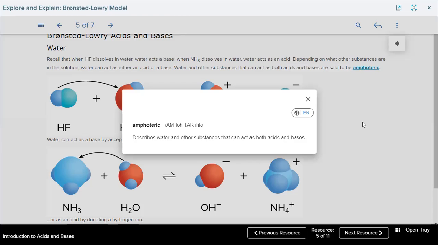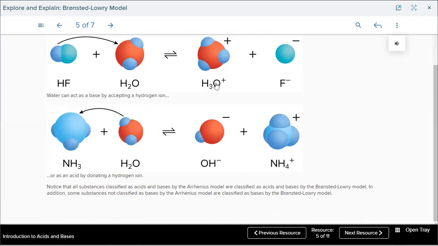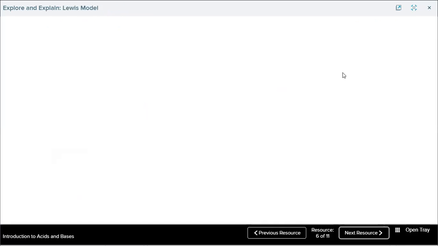Water acts as a base in the HF reaction, while the same water acts as an acid with ammonia. So it's called amphoteric. Any problem till now?